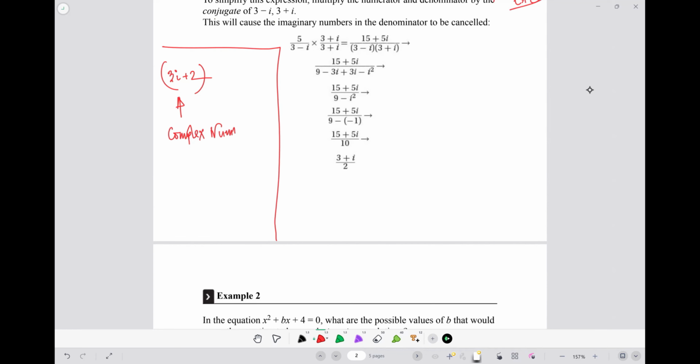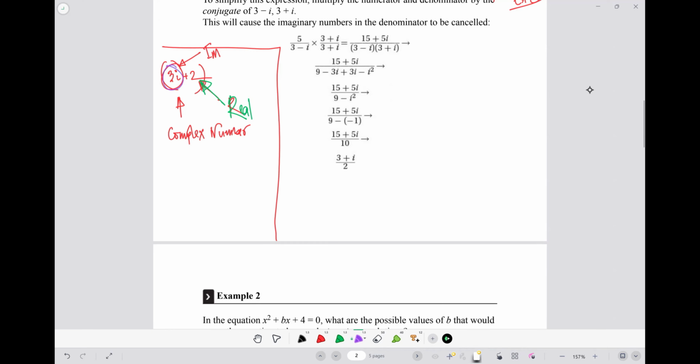This is the imaginary part, and this is the real part. Maybe I should have used some different colors. This is the real part, and this is the imaginary part.